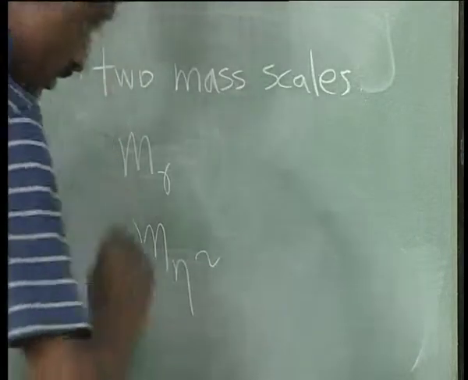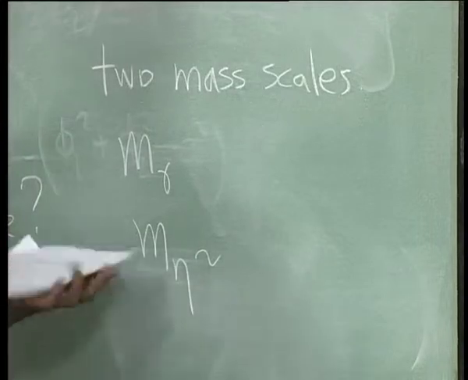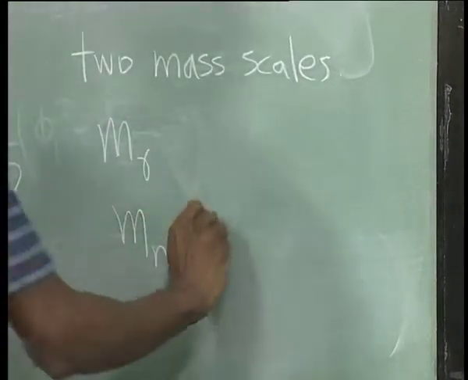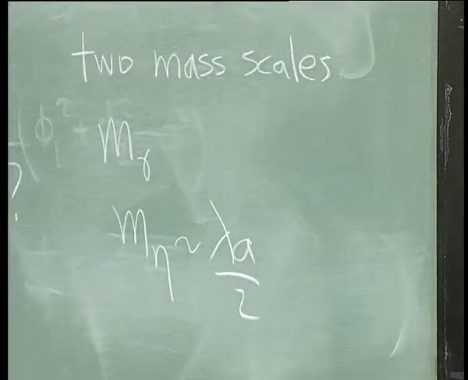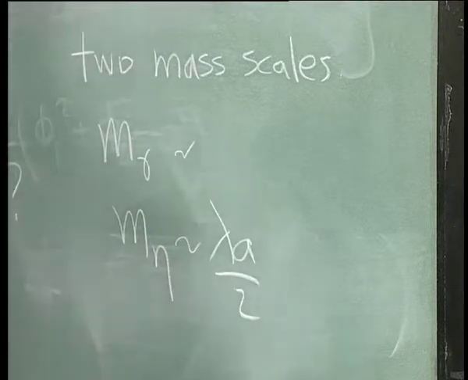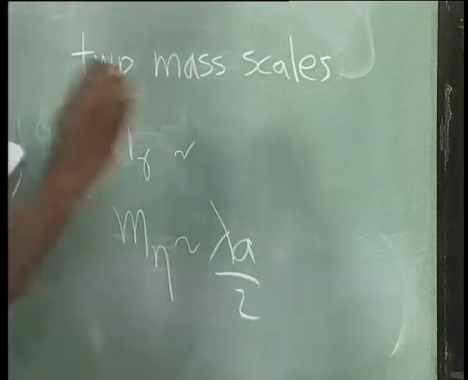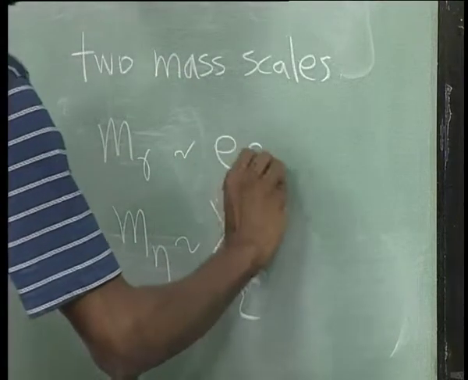So this would be, let me just look up my numbers here. Yeah, m eta was lambda a by 2. Factors are important but not really, while the other one was e times a.